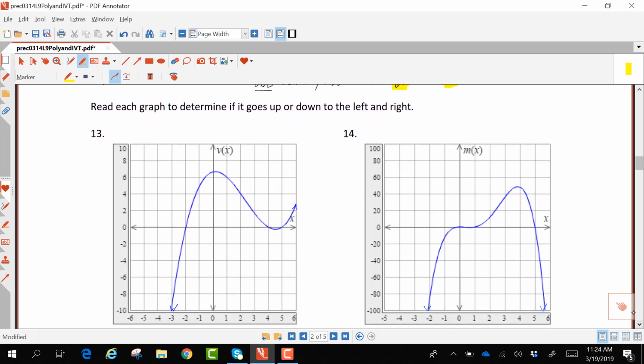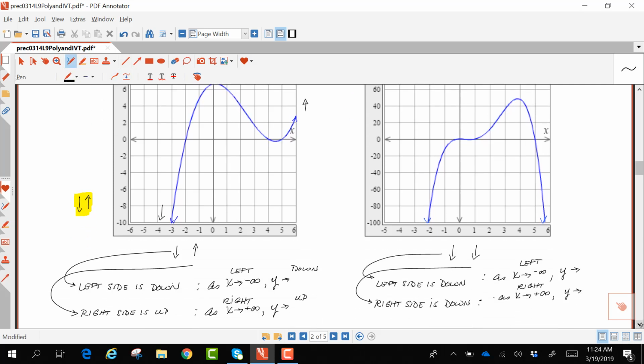Looking at these blue graphs, you can see on number 13, the left side of the graph is going down, and the right side of the graph is going up. Therefore, our end behavior would be written as down, up. Now, this is a very informal way of writing end behavior. A more formal way of writing this end behavior would be written as below.